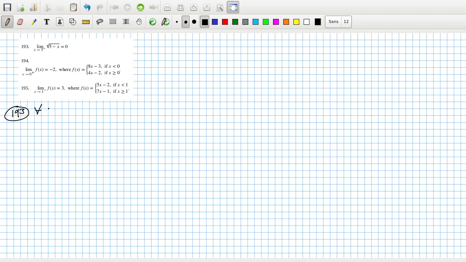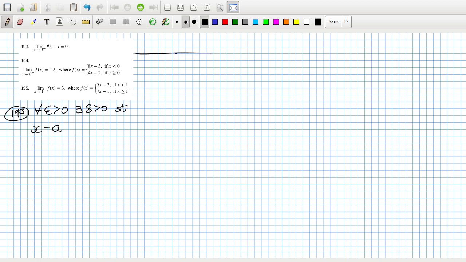So, for all epsilon greater than 0, there exists a delta greater than 0 such that if... now x is tending towards 5 from the left, so x minus a used to be a negative, isn't it?